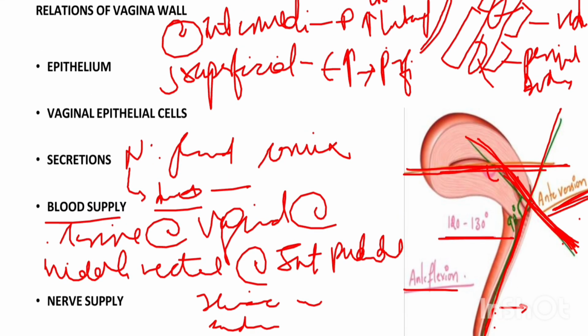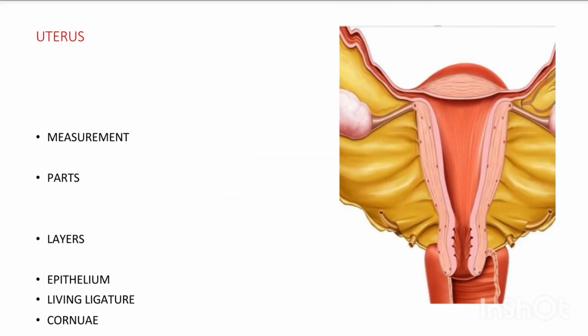Okay. Now the uterus is 8 centimeter in length. It is insensitive to handling and even to incision over its wall. What is this? This is a hollow pyriform muscular organ. What is the position? It is anteversion and anteflexion.